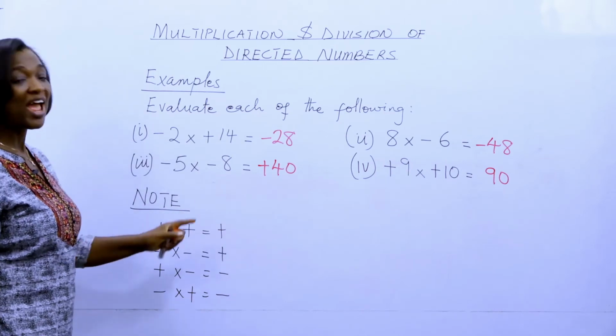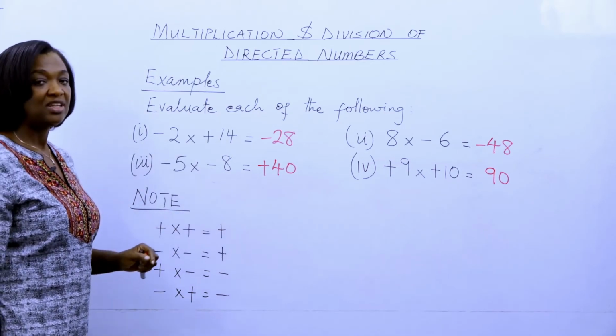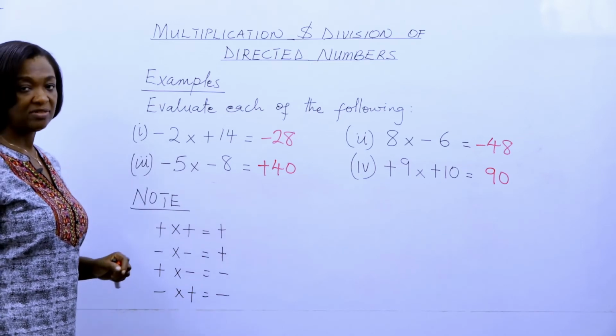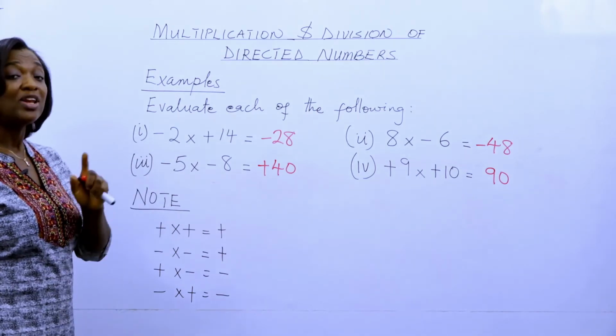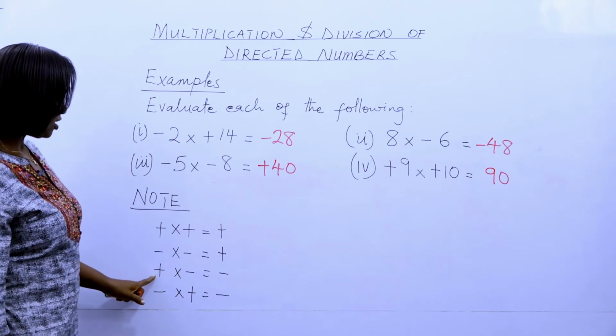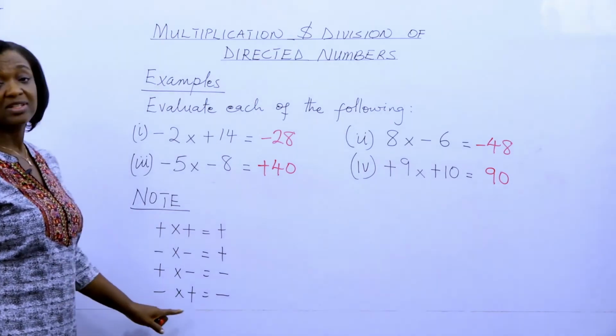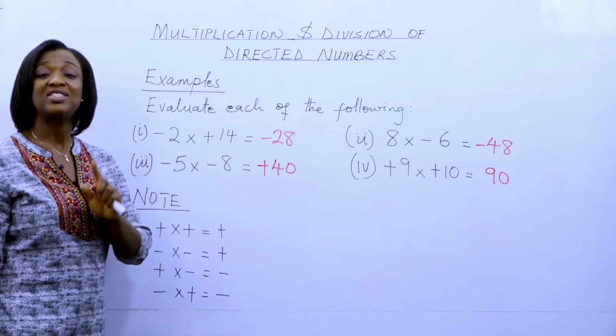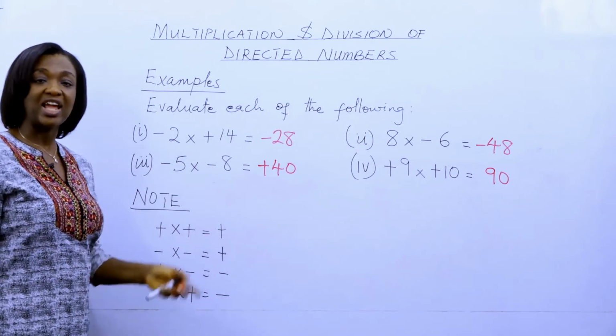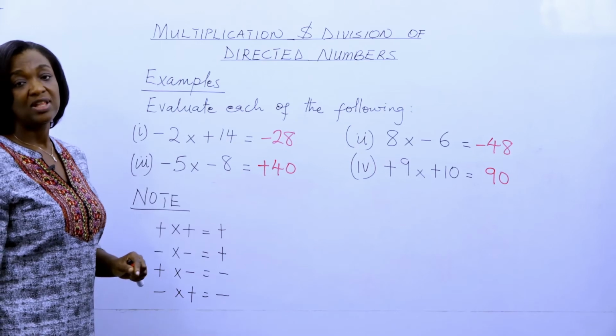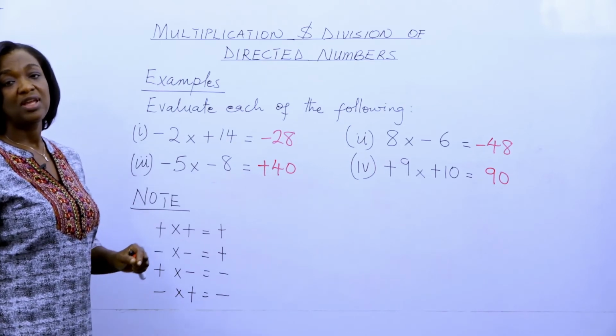So if you multiply like signs, the answer will be positive. But if you multiply unlike signs, like plus times minus is minus, and minus times plus is minus. So when the signs are different, when one is negative and the other is positive, then the product is negative.